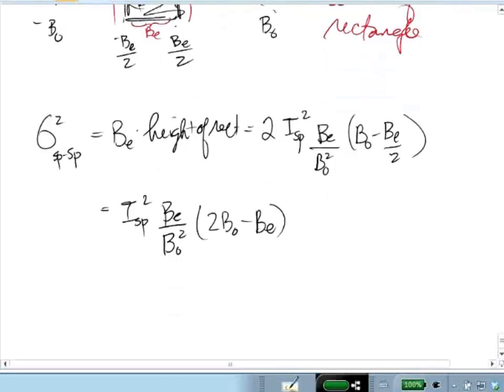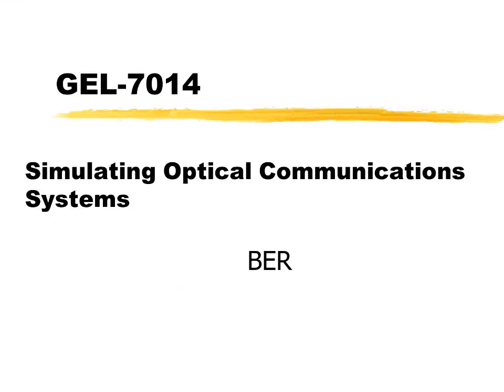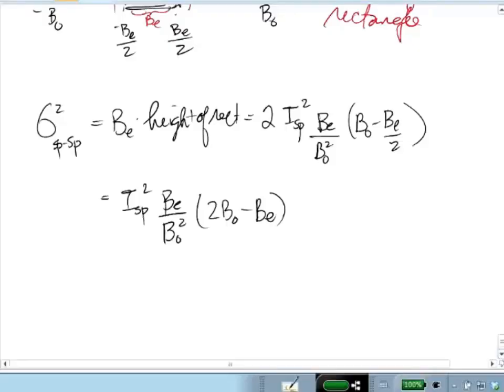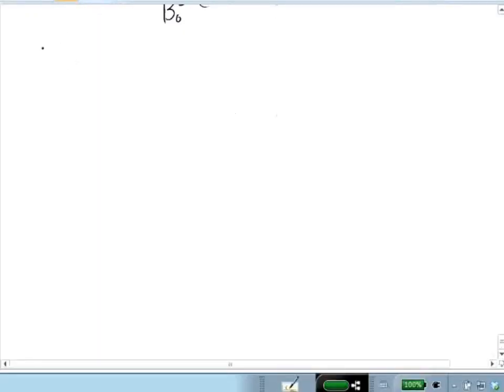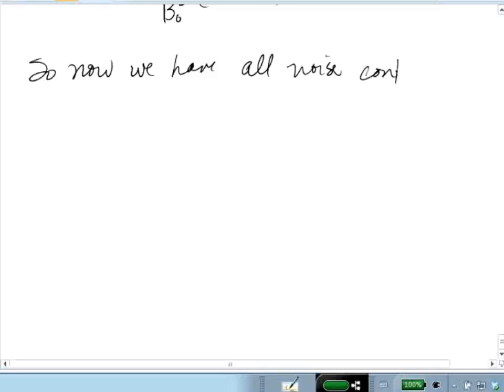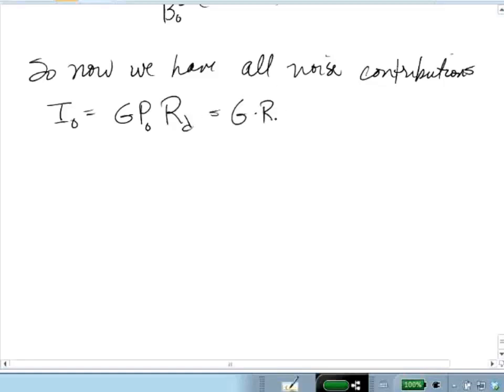So, to summarize, now we've got all the components we need for calculating the total noise and signal process at the output of the sampler. So we have all the noise contributions. Once again, I0 is equal to the input power, G times P0, times RD, and we could also write this as R times the extinction ratio times P1, RD.